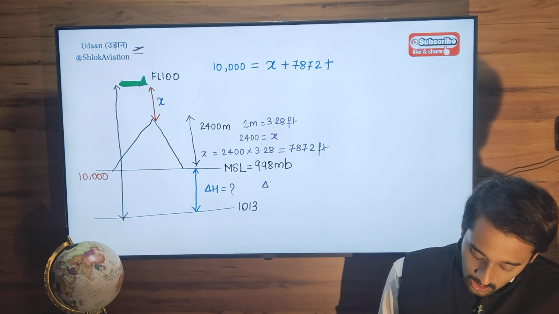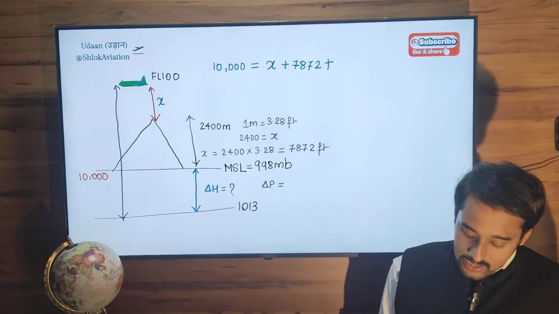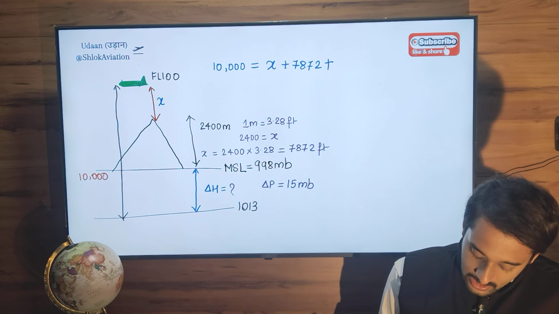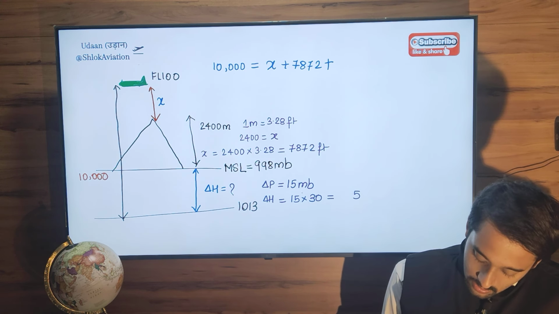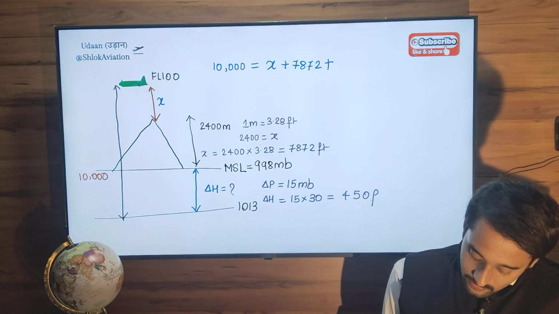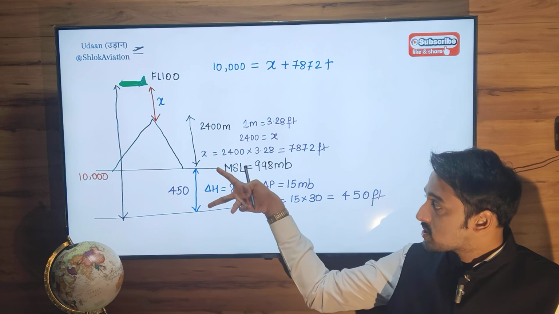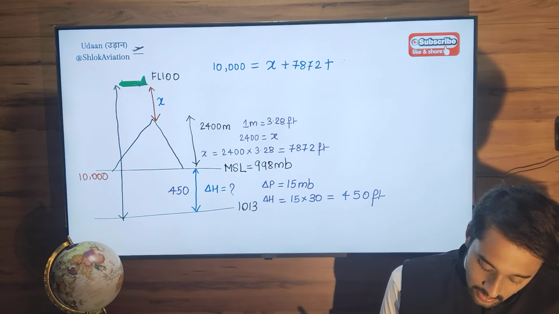Now pressure difference is how much? 1013 minus 998, so it is equal to 15 millibars. That is equal to a height difference of how much? 15 into 30, 450 feet. So this much is 450. Let's write that over there.